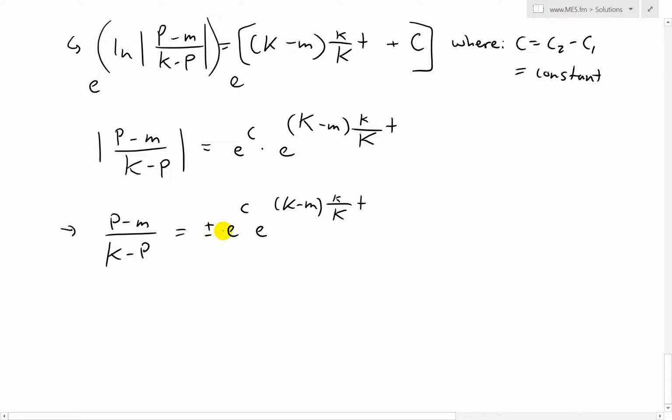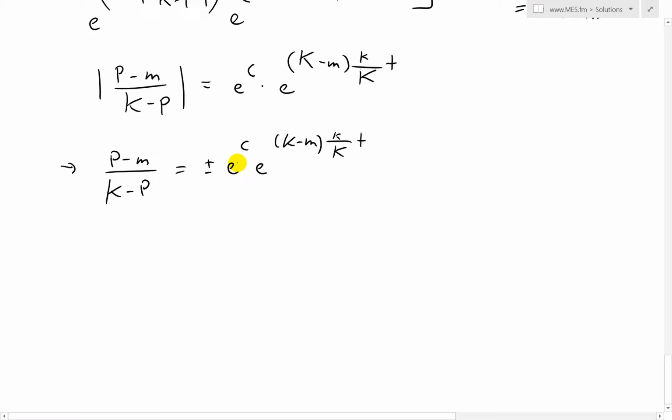Now we're going to simplify this. This plus or minus e to the power of c is still a constant. I'll write that as d, and I'll define that soon. This is going to be e to the capital K minus m, little k over capital K t, where d is just plus or minus e to the c, and this just equals a constant, like that.